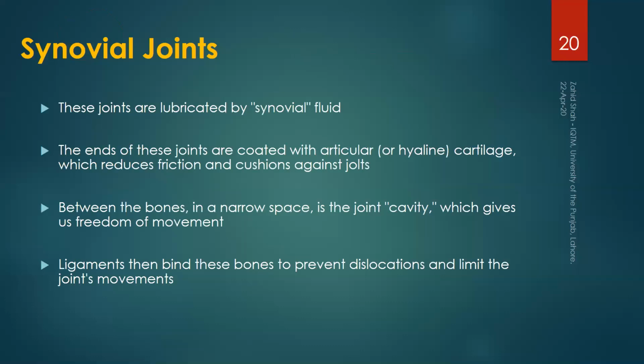We have discussed already that these joints are lubricated by synovial fluid. The ends of these joints are coated with hyaline cartilage. At the end of both bones there is cartilage, and in between there is a narrow space that is called the joint cavity. That cavity or gap gives us freedom of movement.